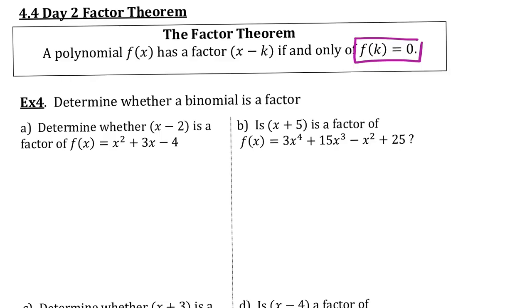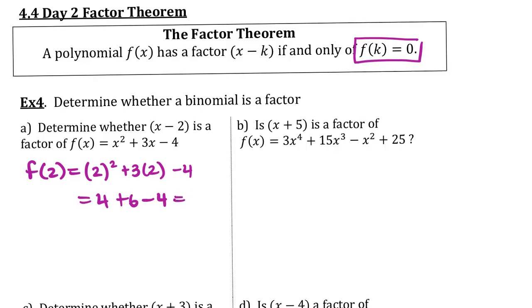It's whichever one looks easier. In this case, plugging 2 into this polynomial looks pretty easy. So let's just plug it in directly. If I do f of 2, I'm trying to see if it equals 0. So that's 4 plus 6 minus 4, which is 6, which does not equal 0.